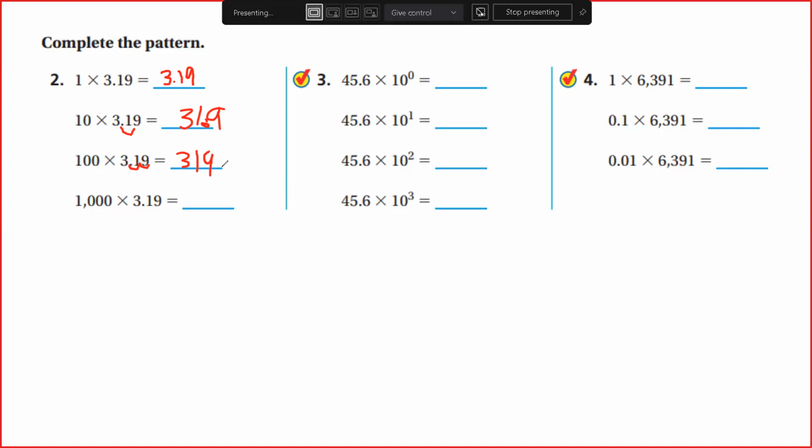Now, Haneen. Yes, teacher. 1000 times 3.19. Where should you move the decimal point?